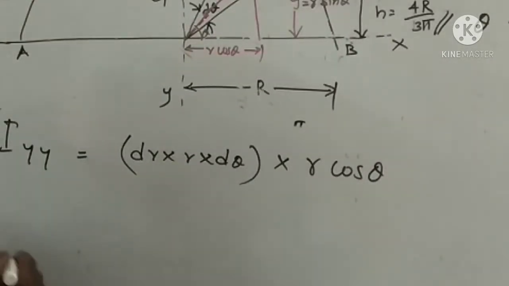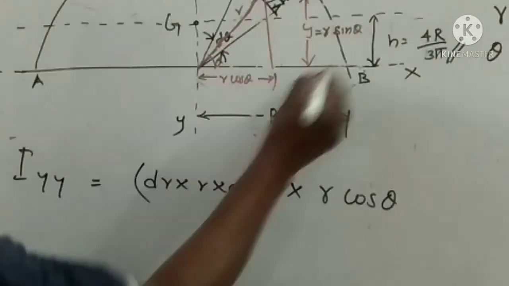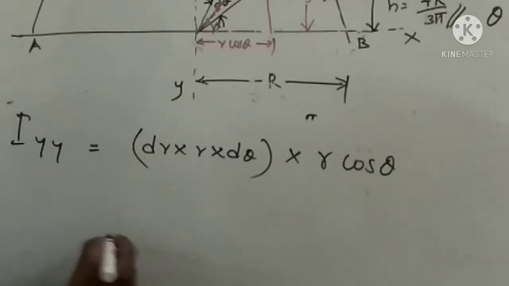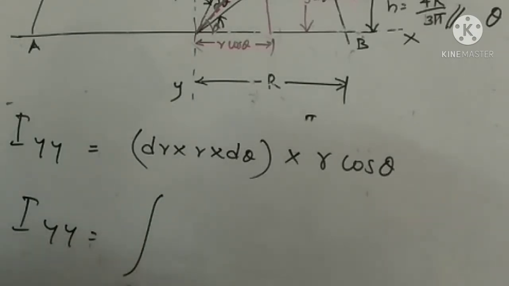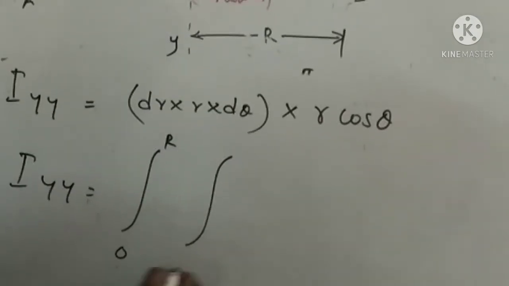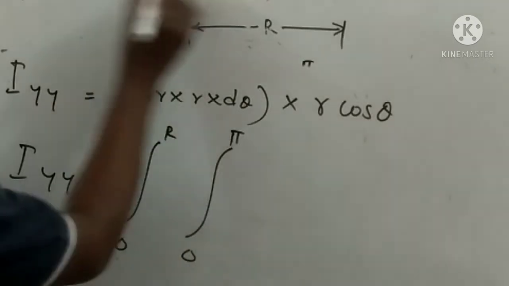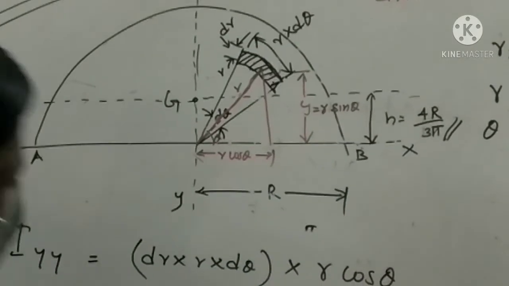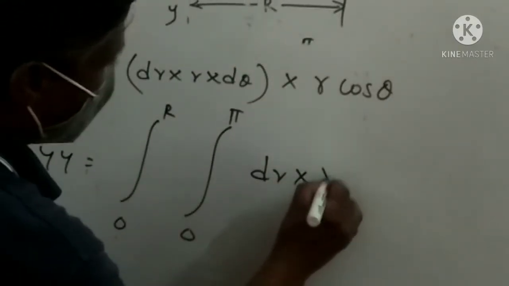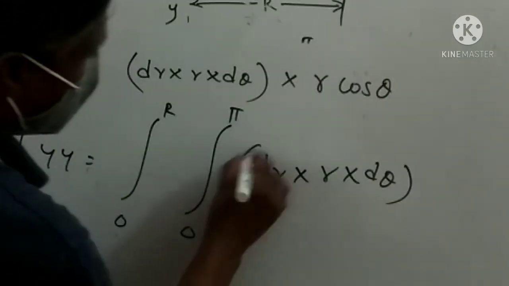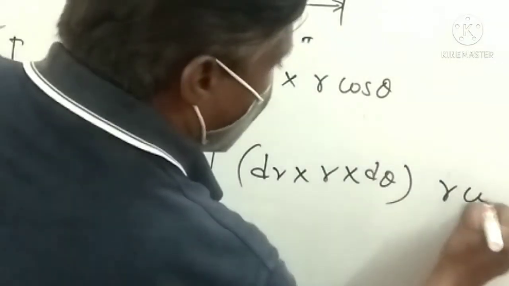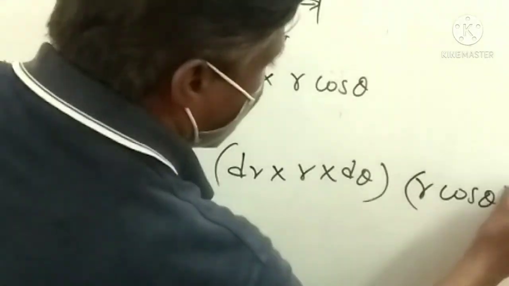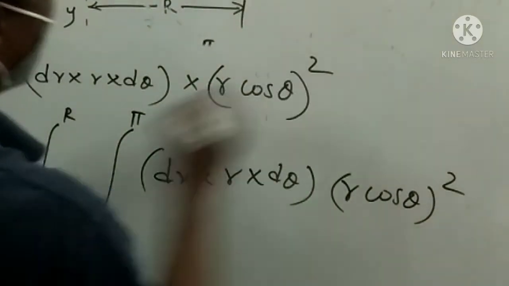If you consider the entire lamina, the expression will be Iyy is equal to integral 0 to r, integral 0 to pi, dr into r into d theta into r cos theta whole square.